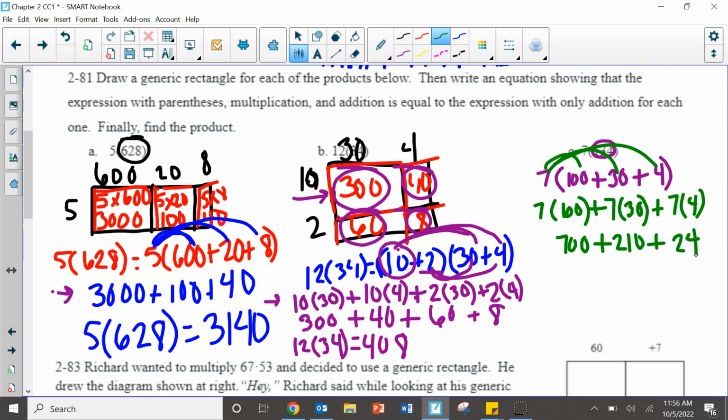Remember, those are called our partial products. They are partial because they are part of our answer, and they are products because we multiplied to find them. All right, last step was to just add those up. So 7 times 134, you should have got 938.